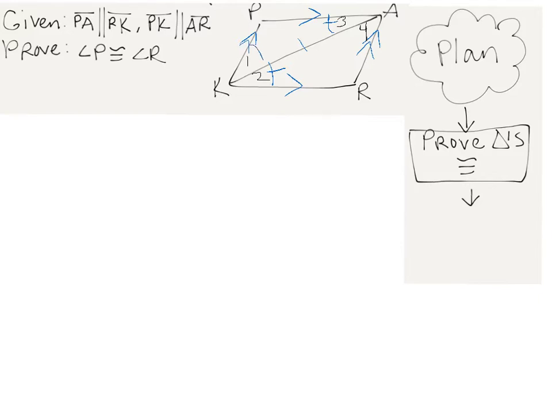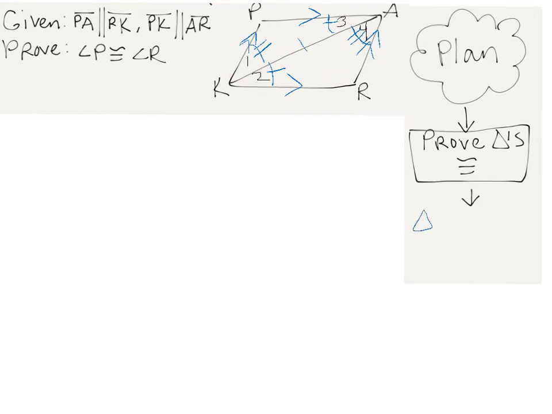And angle 1 and angle 4 are congruent because they are also alternate interior angles. Look at that, right there and right there. It makes kind of like a Z shape. So here we go. I like this. That's angle, side, angle. Angle, side, angle.